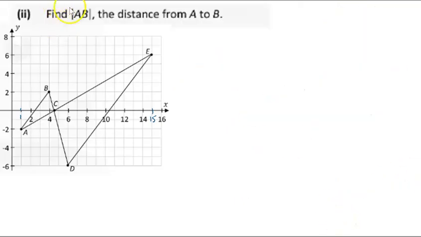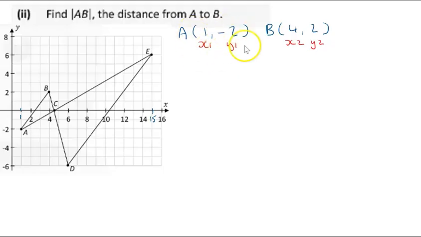Part 2, find AB, the distance from A to B. So we write out our points. We have A, 1, minus 2, and B, 4, 2. We label x1, y1, x2, y2.